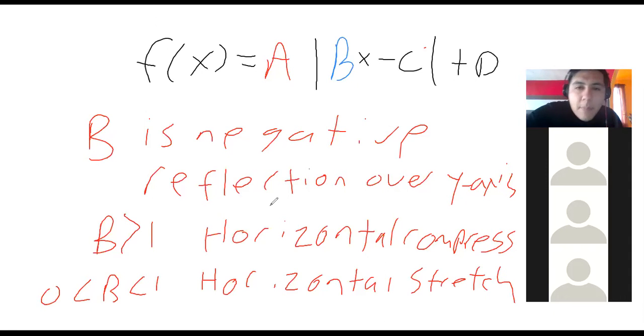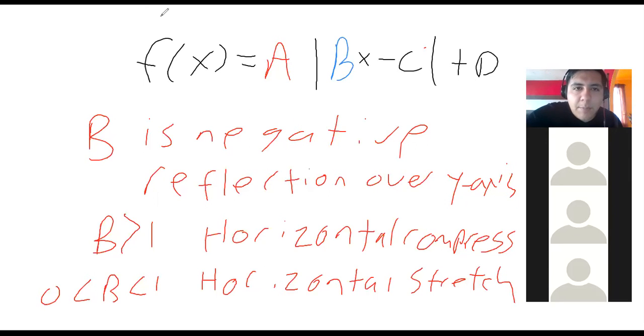Wait, sir, I thought if B was greater than 1, it'd be a horizontal stretch. Or is it not the same as the vertical one? It's not the same as the vertical one. That's a good question. I'm gonna go over it because this is kind of funny, right? This is what I mean by things kind of going together, okay?